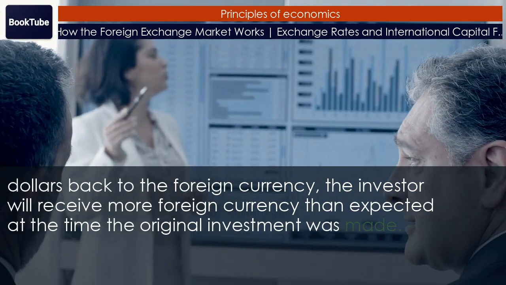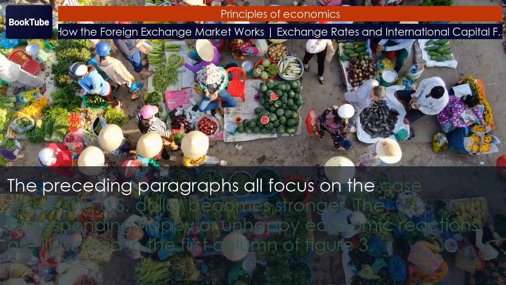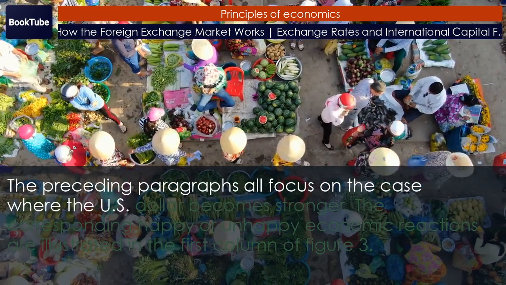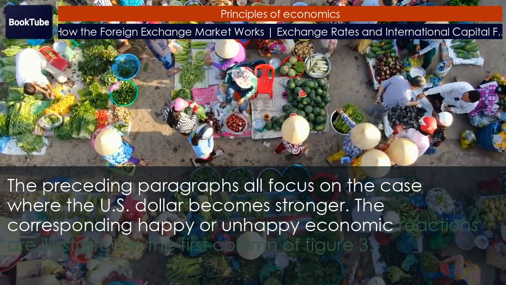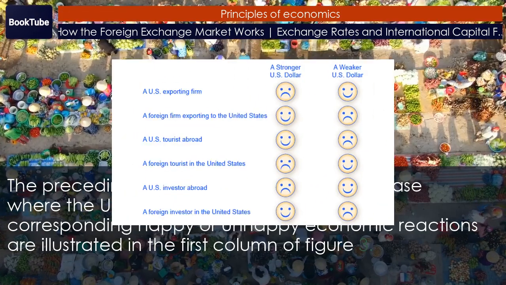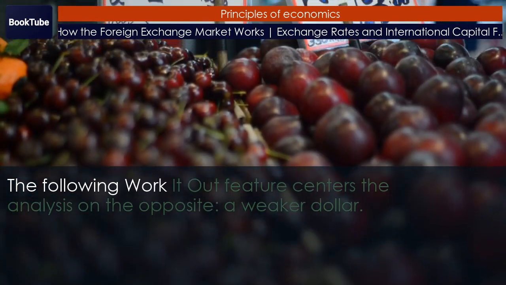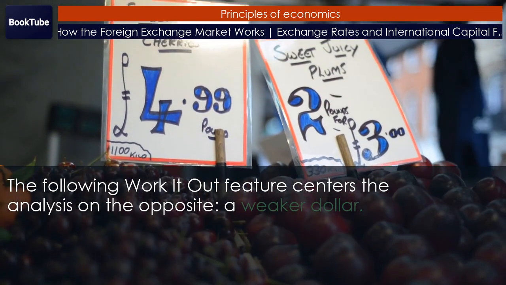The preceding paragraphs all focus on the case where the US dollar becomes stronger. The corresponding happy or unhappy economic reactions are illustrated in the first column of Figure 3. The following Work It Out feature centers the analysis on the opposite, a weaker dollar.